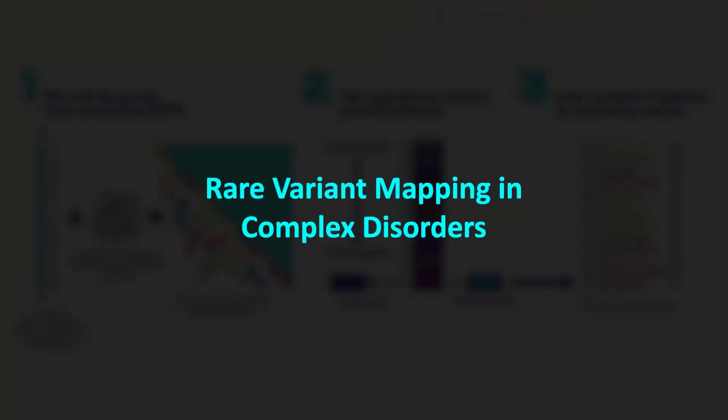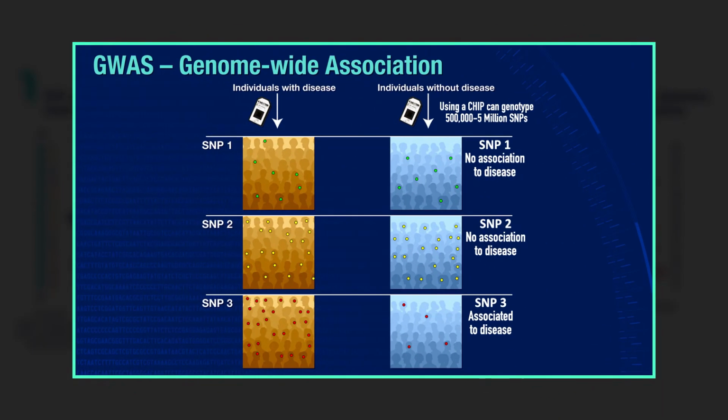Dear students, let's now discuss the rare variant mapping in complex disorders. Current association studies have focused on common variation across the genome, as these are the easiest to identify with the current assays.